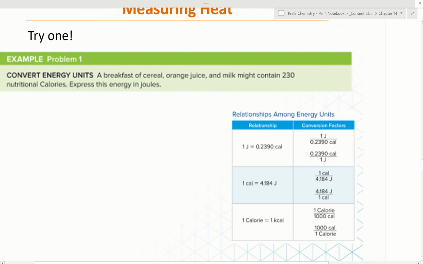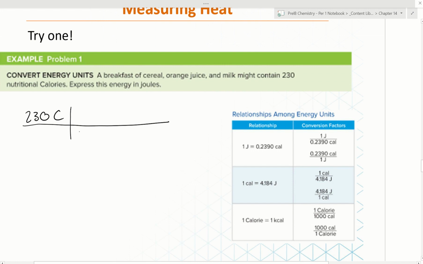So let's try one. Let's do some conversions here. It says breakfast cereal or orange juice and milk might contain 230 big C calories, so nutritional calories. Express that energy in joules. Well, we don't have a direct conversion from big C calories to joules, but we can go through the small c calorie.